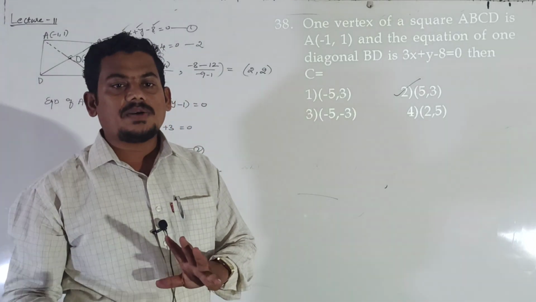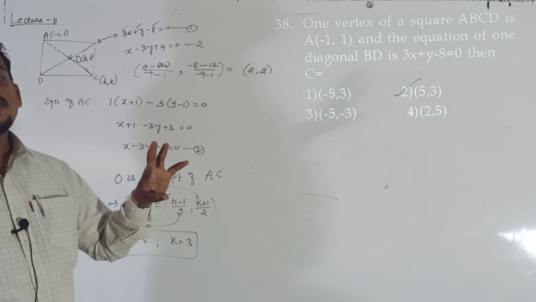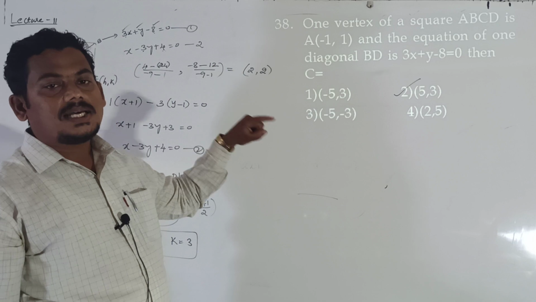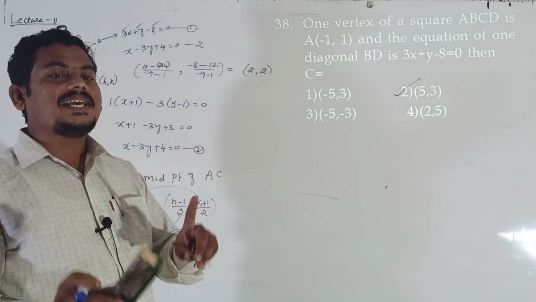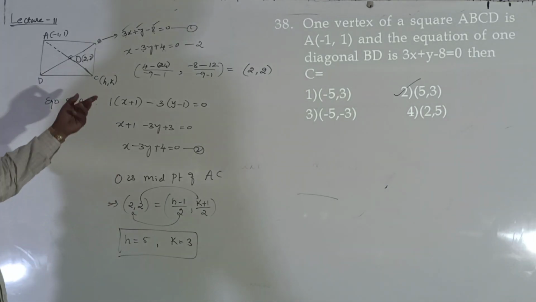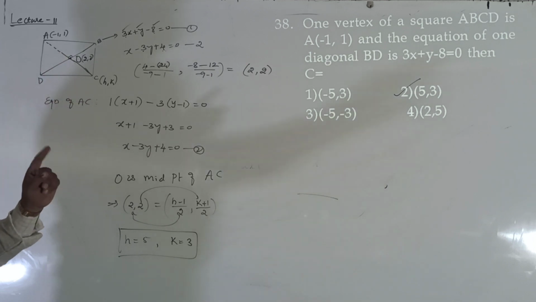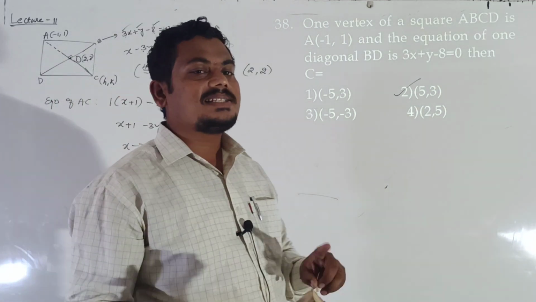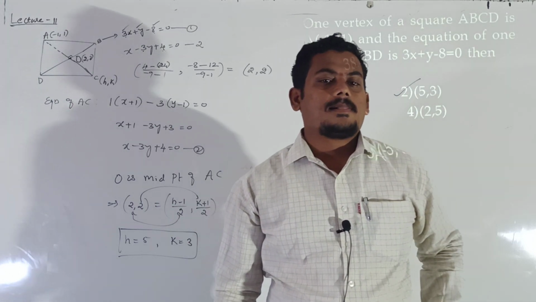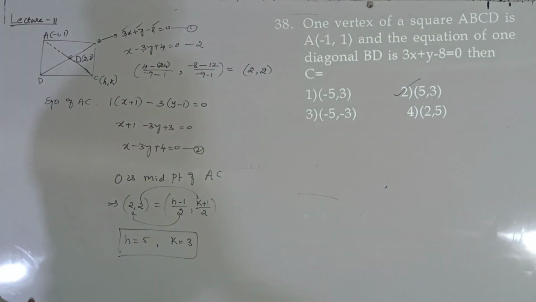In this question what we do? First find the equation of the other diagonal by using the perpendicularity condition. After finding the equation of the other diagonal, just find their point of intersection. After getting the point of intersection, we can find the third vertex C just by using the midpoint concept, because in a square diagonals intersect at midpoint, means midpoint of AC is same as midpoint of BD.